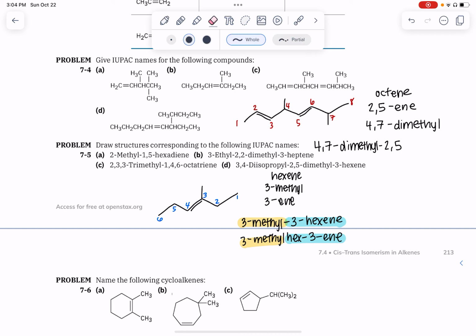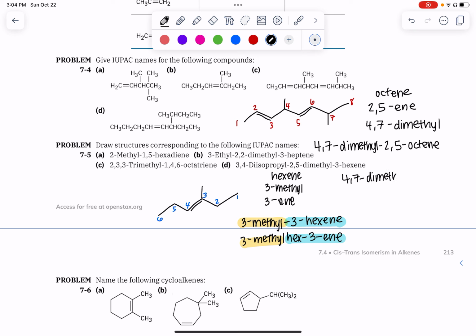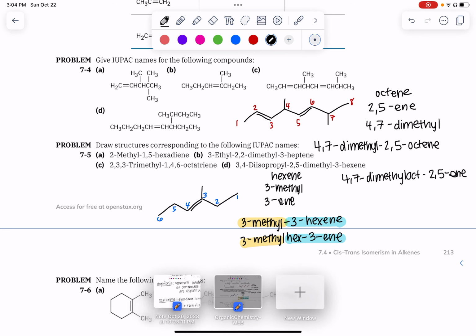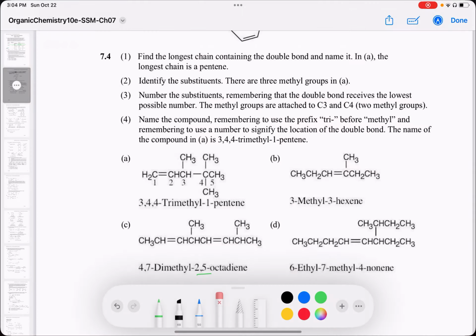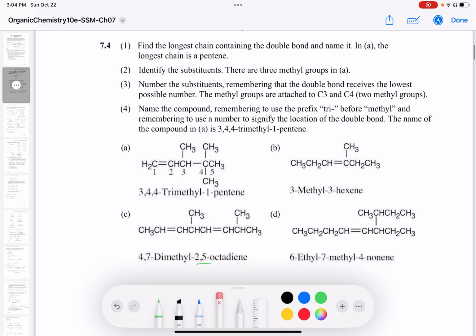I need to put a dash there. Octene, or 4 comma 7 di, remember to put your dashes, dimethyl, and I could say oct 2 comma 5 ene. I'm going to double check my work here. They call it 4,7 dimethyl 2,5 octadiene.